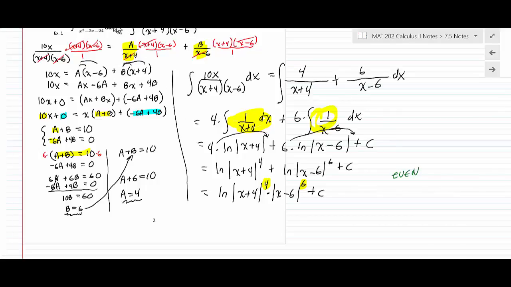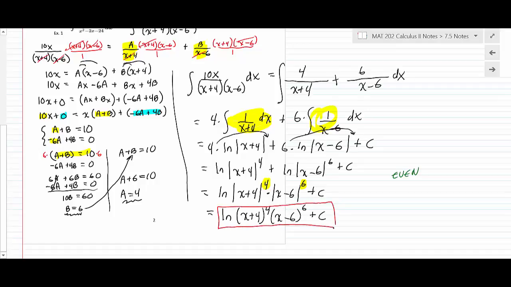You would just write it as ln of (x plus 4) to the 4th times (x minus 6) to the 6th plus c. That's the way you would want to write your answer. You want to pay attention to those odd and even exponents. If they're odd, you have to leave it alone in the absolute value because you don't know what x is. But in this case, you can just leave that alone.